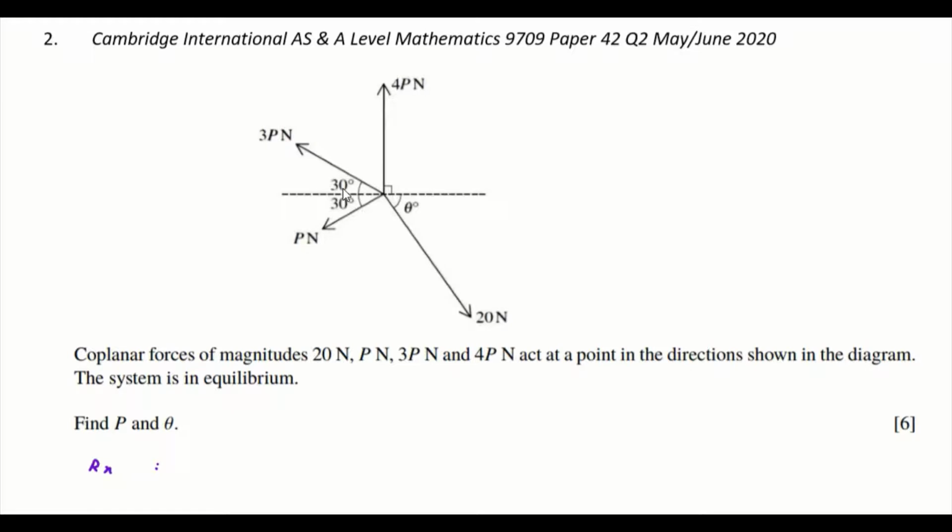So if I now resolve in the x direction, on my right-hand side, what do I have? I have this 20 cos theta. It will be equal to what I have after I resolve my left-hand side, so it will be equal to 3p cos 30 plus p cos 30.